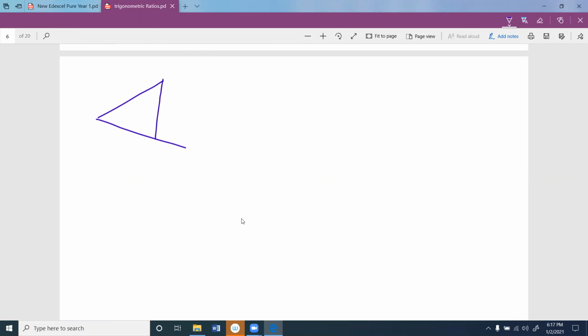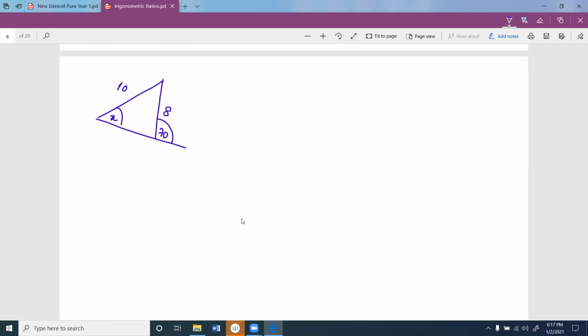I have given this side as 8 and this as 10, and they have given this angle as x and this angle as 70. We need to find the value for x.